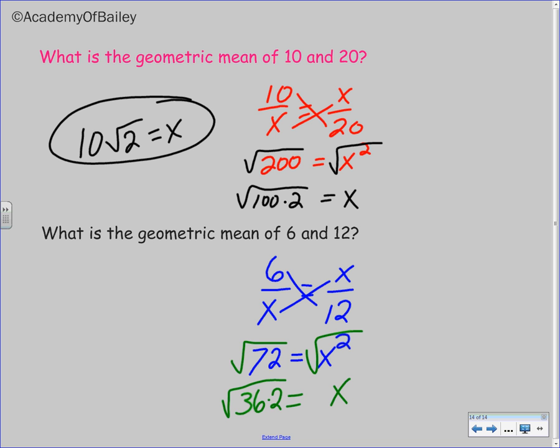And the square root of 36 is 6. Square root of 2 is square root of 2. So, if we look there, we have the geometric mean.